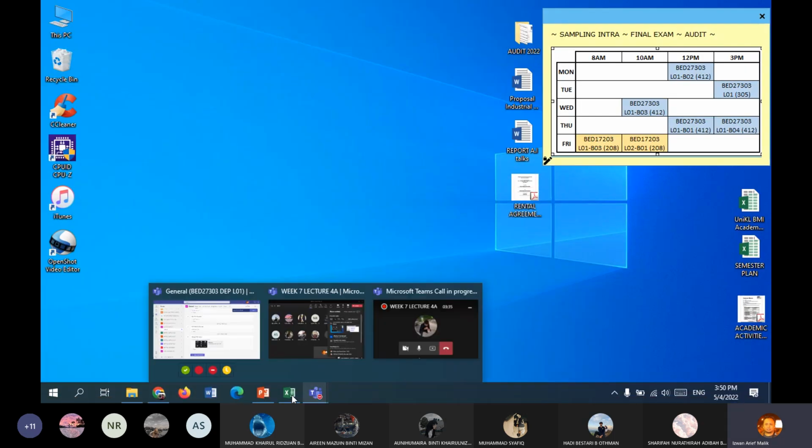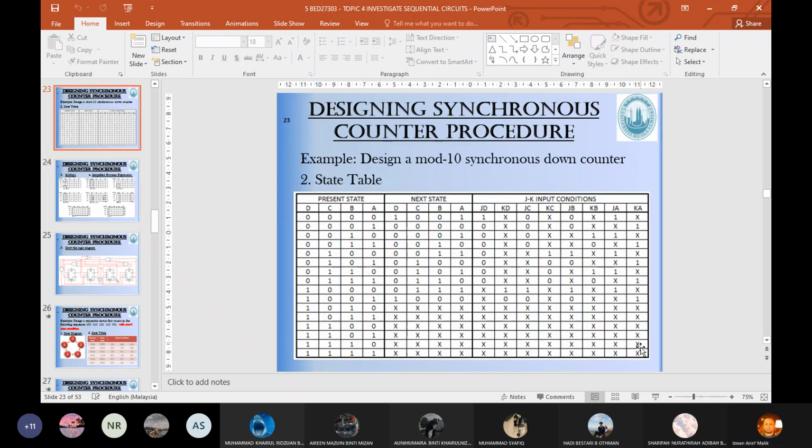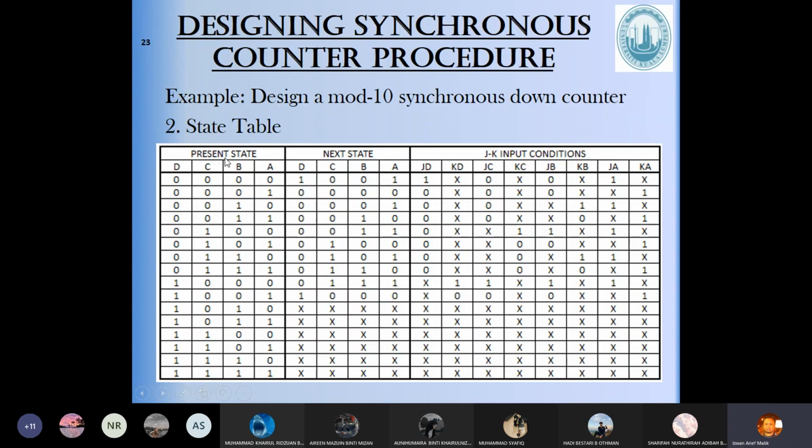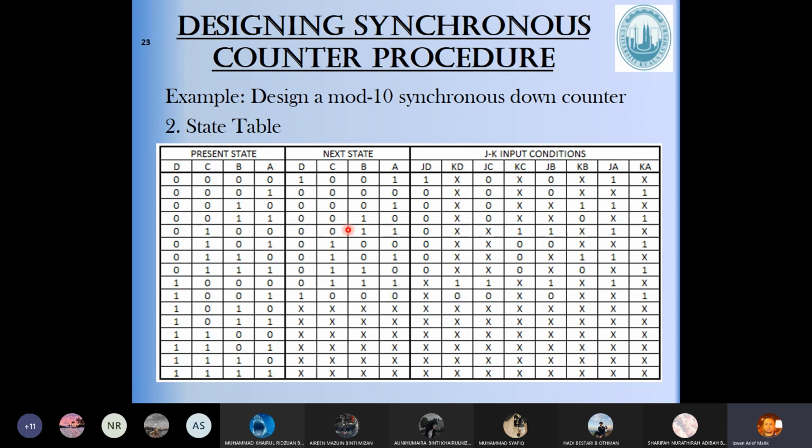bila you buat you punya table ni, so make sure you letak susunan present state dia still cara menaik. Okay.